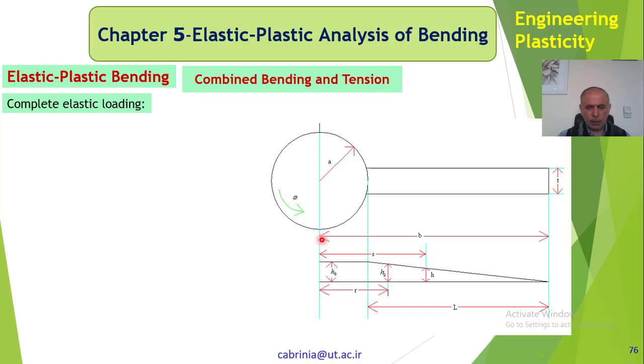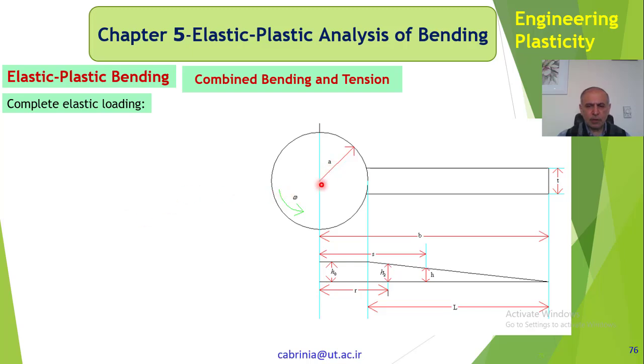Looking at it from here, this disc is like that, and this blade is like that. It's a kind of triangular blade looking at it from this side, this view.